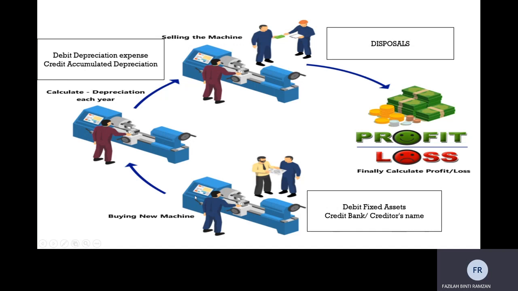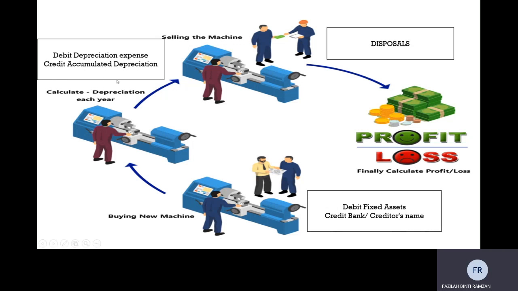The usage of this machine must be matched with expenses, which we call depreciation. Depreciation is the allocation of cost for the machine, or the expense of using up the machine, and it will be calculated each year. So it's related to the matching concept, to match the revenue and expenses during the related period.